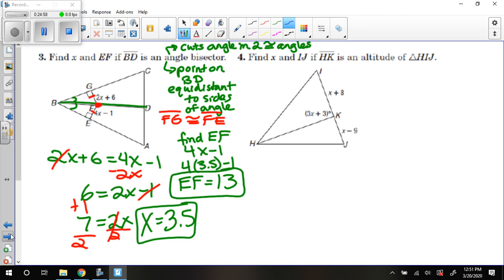Problem number 4, find x and IJ if HK is an altitude of the triangle. So an altitude is perpendicular and it goes from a vertex to the opposite side.